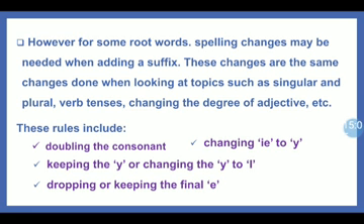I take the bus. I am taking the bus. In this instance, I would have to drop my E and add I-N-G. Alright, so all the rules that you use in language arts also apply when we're talking about suffixes.